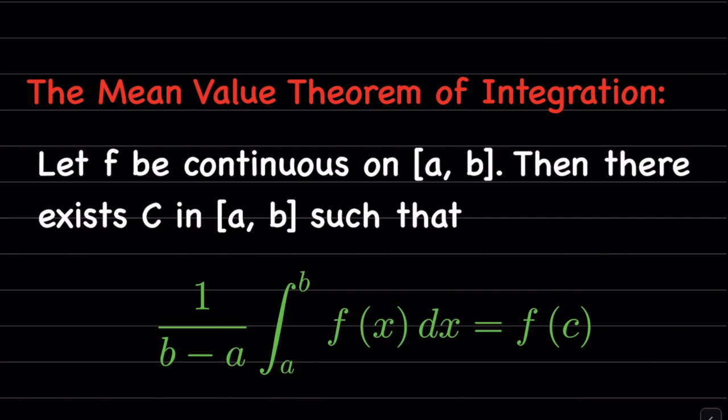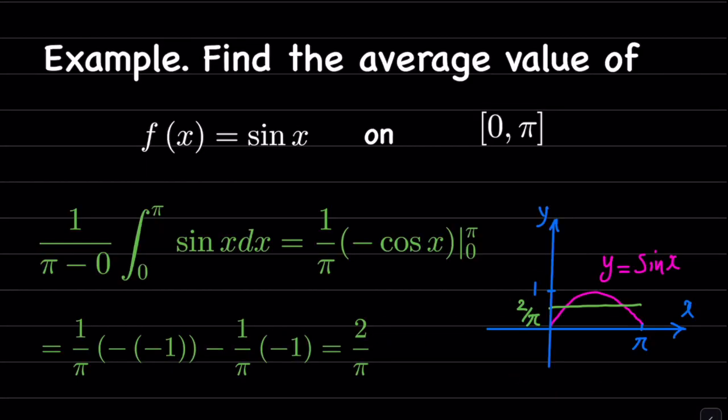In the case of the grades in a classroom, this may not be true because the grades in a classroom form a discontinuous function. But if you have a continuous function, then the mean value theorem simply tells you that the average of that function is going to be the value of the function at some point inside the interval. Now, let's look at the previous example.